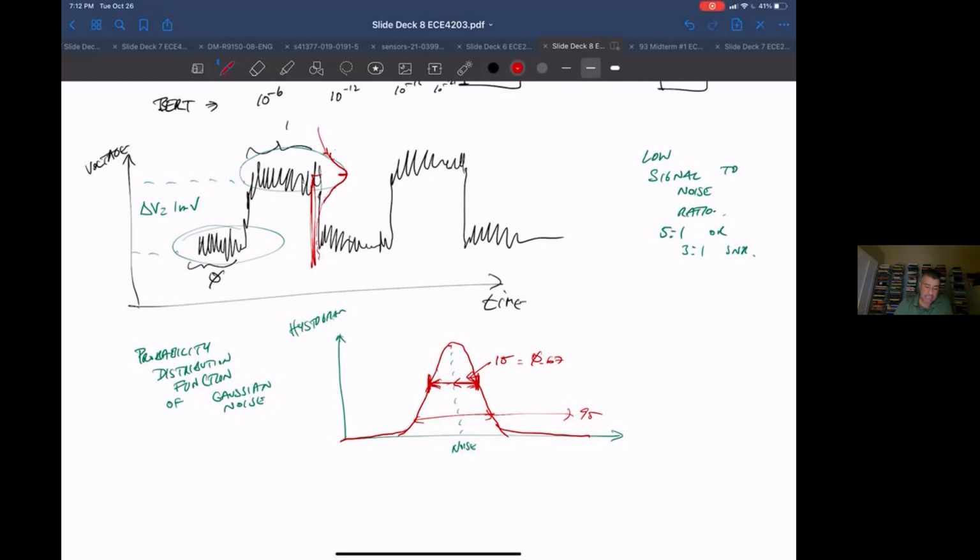If something was looking at this, it would momentarily see a 0. And if this was a clock, it would blow up your circuit, blow up your communication. So this is the most fundamental way you look at bit error rates or communication failures.